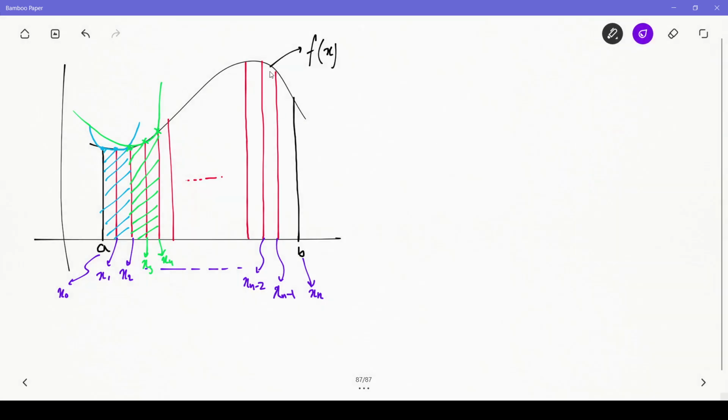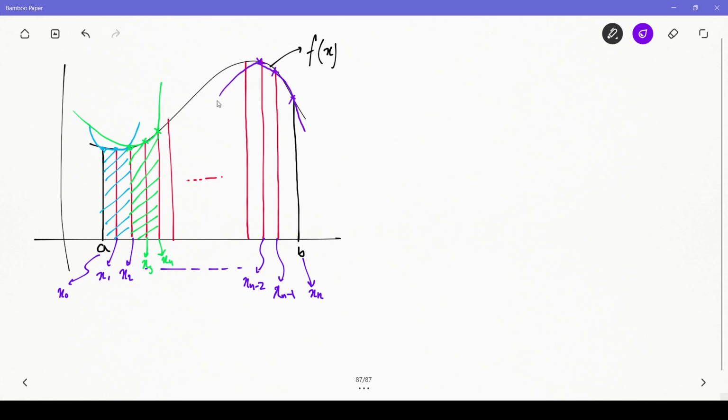So for the last two segments, we are considering this point and this point, and the second order polynomial that approximates the pattern of this part of the function may look something like this.